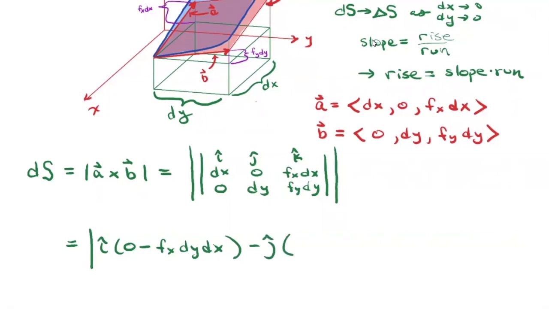Diagonally we're going to do fy dy dx, and then minus 0. And then plus k. And so k is just going to have a dy dx.